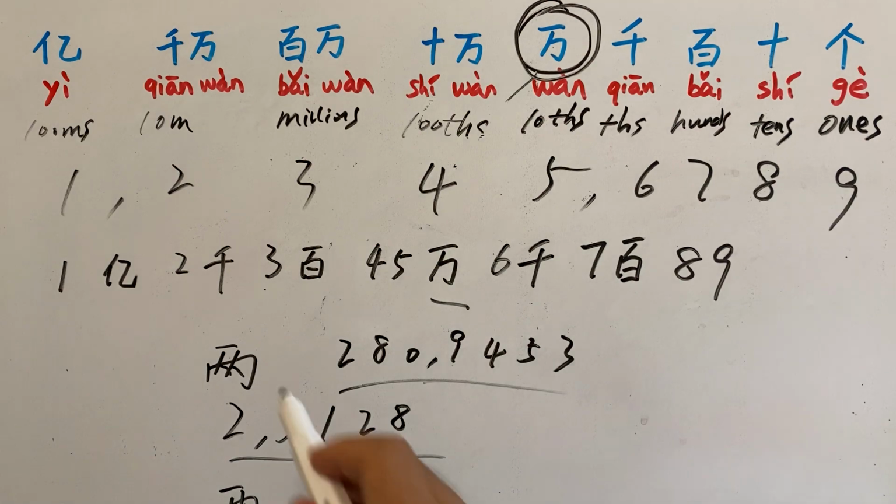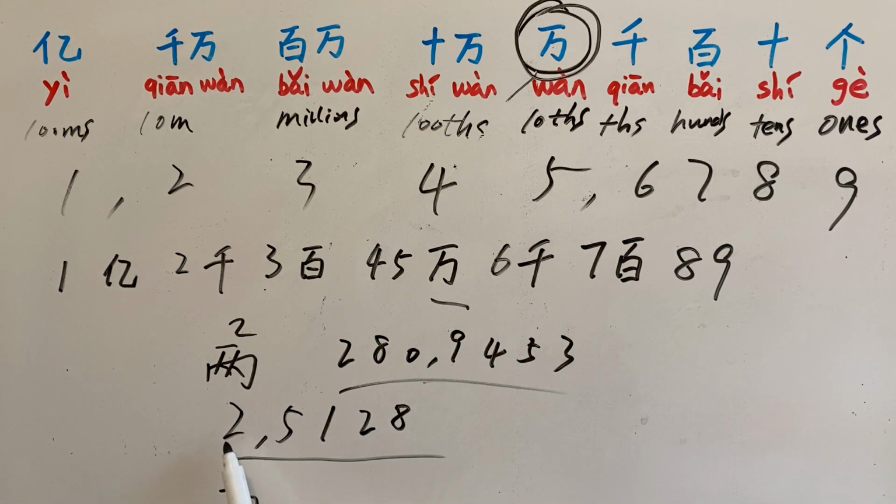Chinese 两 means 2. It's the same. 两, comma is 万. 2万5128. 5000, 100, 28.